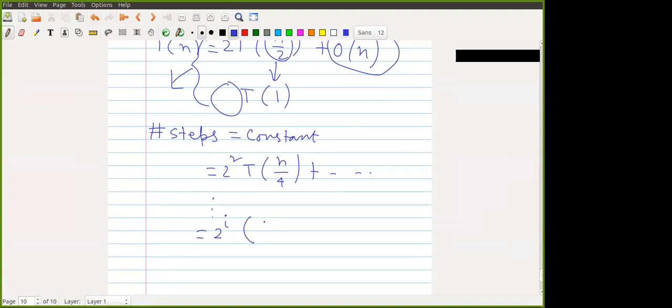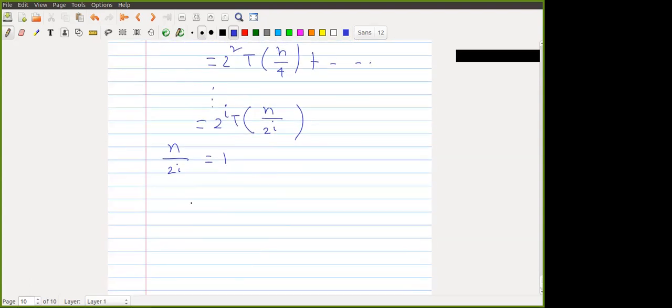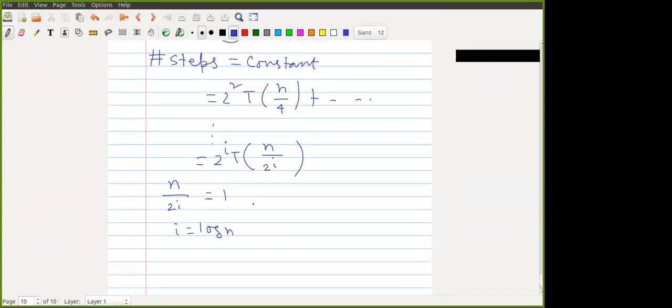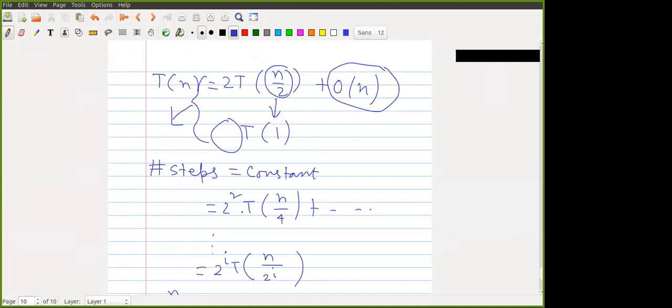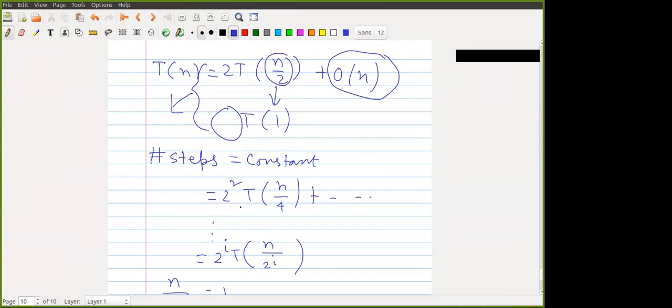At the ith iteration, n by 2 to the power i becomes actually 1, right? So i is log n. So the number of steps that it requires to go from the start, n by 2, down till 1 is not constant, it is actually log n.